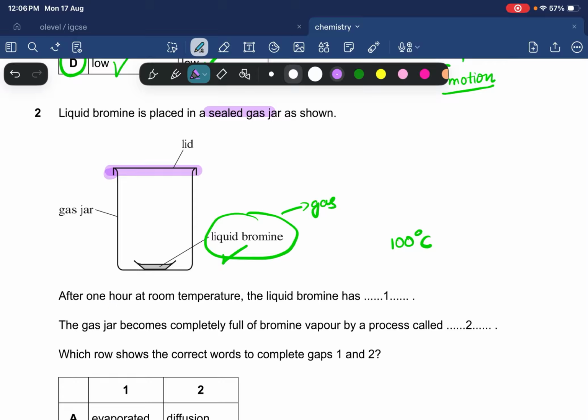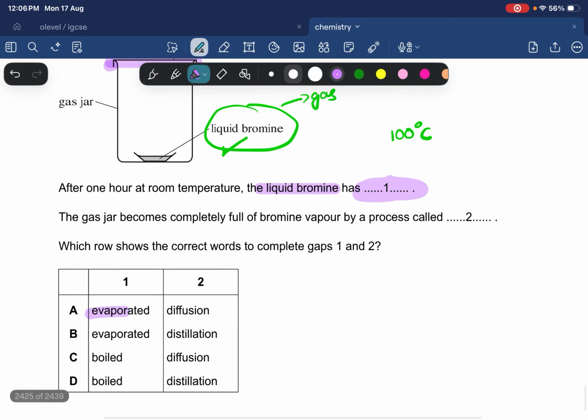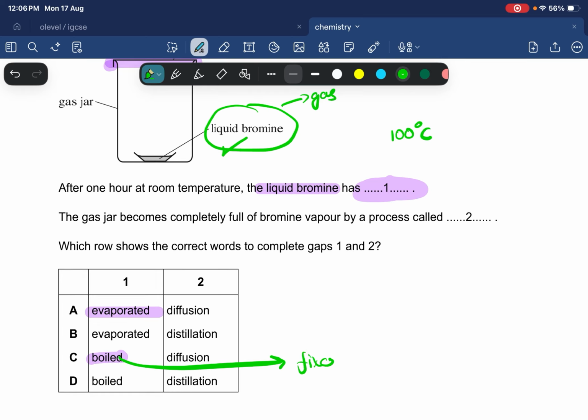After 1 hour at room temperature, the liquid bromine has dash. So that means the liquid bromine has either evaporated or boiled. Boiling happens at a fixed temperature, so for boiling you need a fixed temperature to be there. That means definitely it has evaporated. The second part says the gas jar becomes completely full of bromine vapor by a process called.